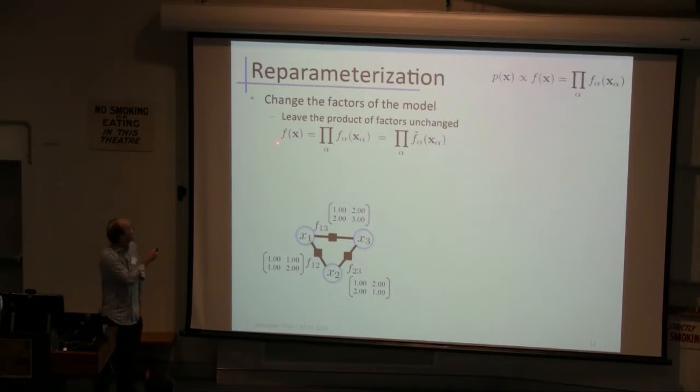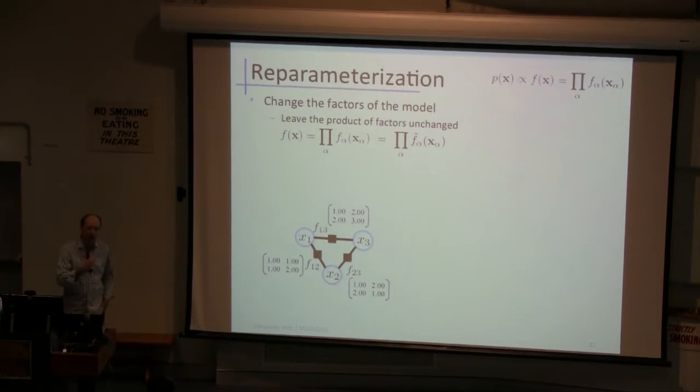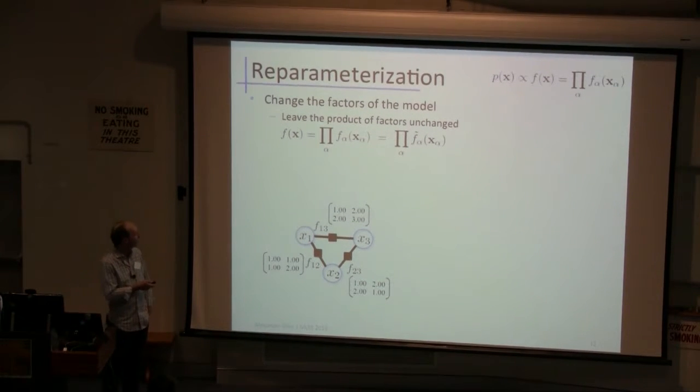So we have our model f of x, which is a product of some factors over small cliques. And we're going to change those factors in such a way that the product of factors stays the same, but changes the parameters of the individual factors.